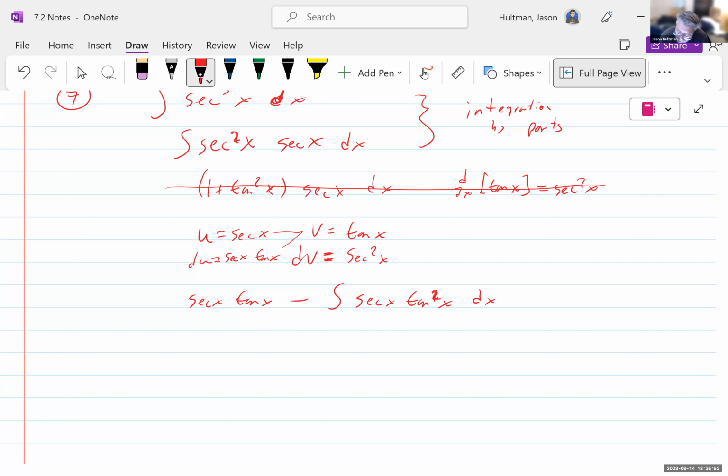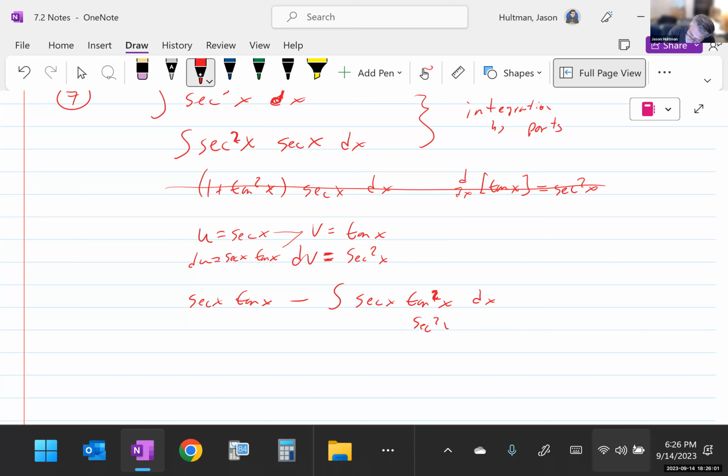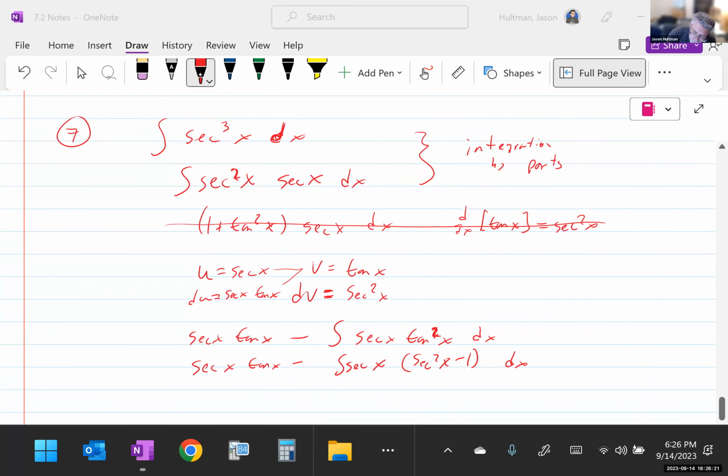So now what I'm going to do is turn that tangent squared into a secant squared. So this is secant squared x minus 1. Okay, integral of secant x dx. Secant x tangent x minus that, right? And what are we looking for?